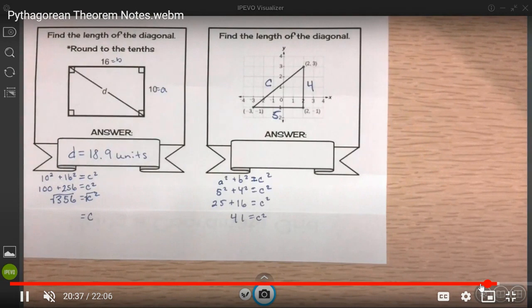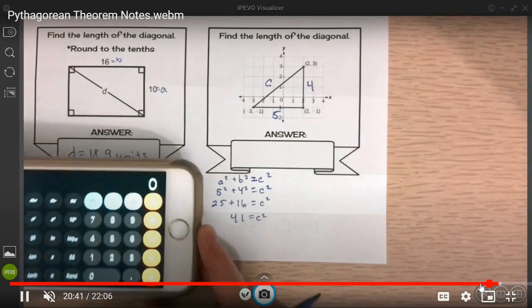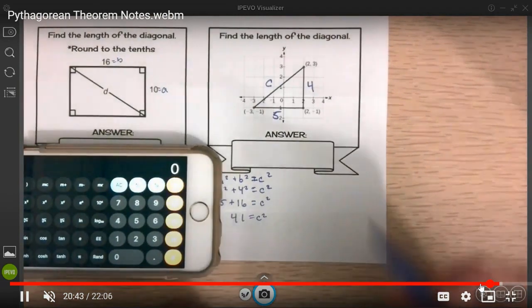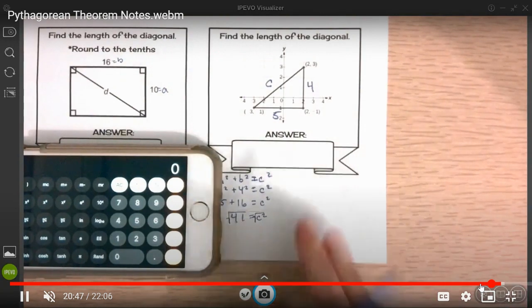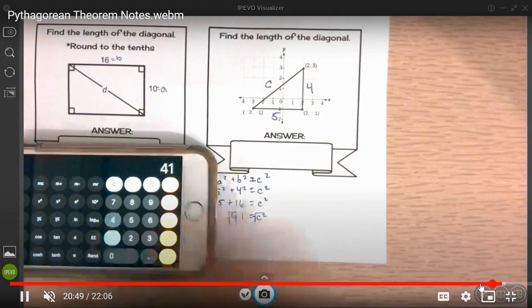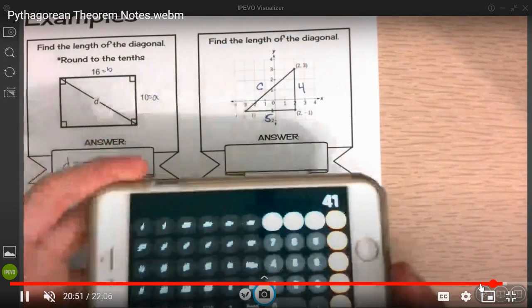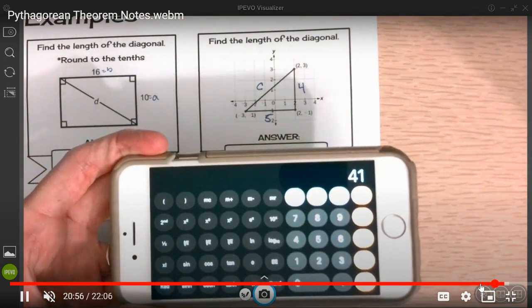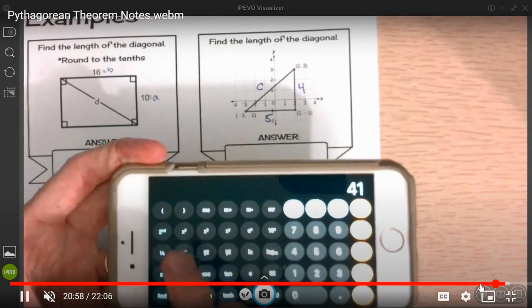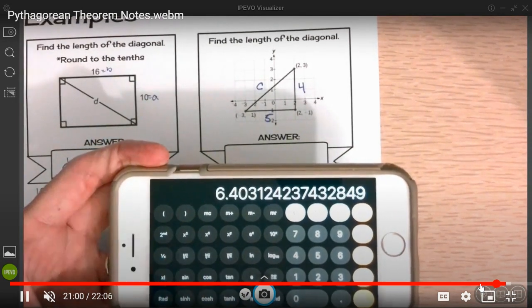So I'm going to go ahead and use the handy dandy button on my calculator on my iPhone, and use that square root function. I'm going to take that 41 and hit that button, third row down, second from the left. There we go.